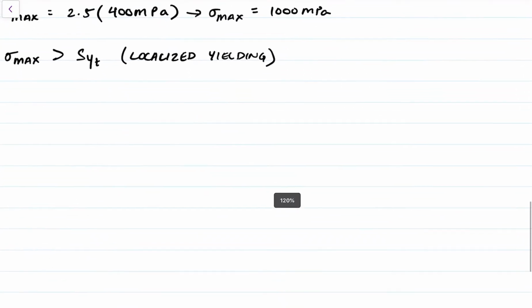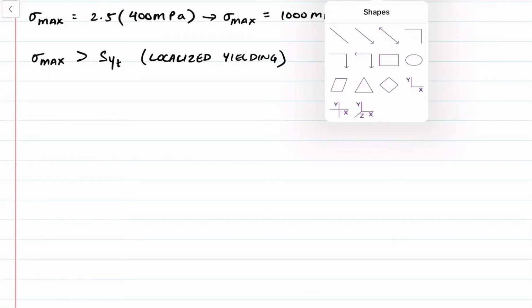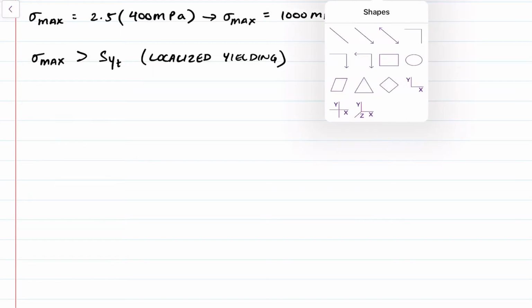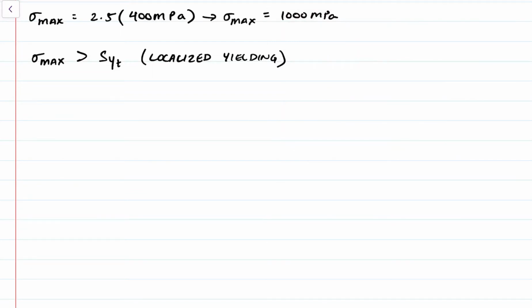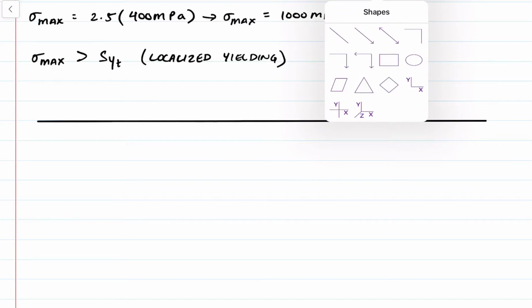Okay, so what I'm going to do first, again, bear with me, I'm trying to make this as detailed as possible, is I'm going to draw the bar by itself and throw in some values such that I have some reference points. So again, I'm drawing the stress distribution when this thing is loaded.